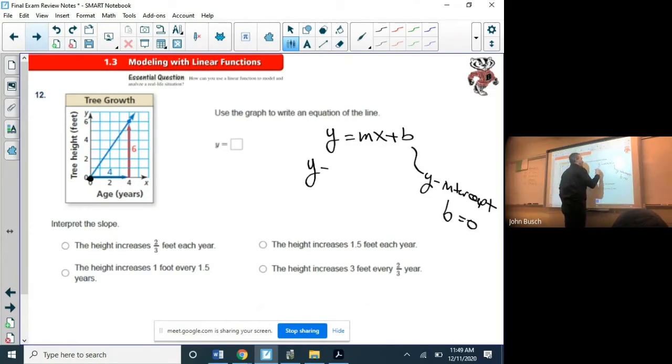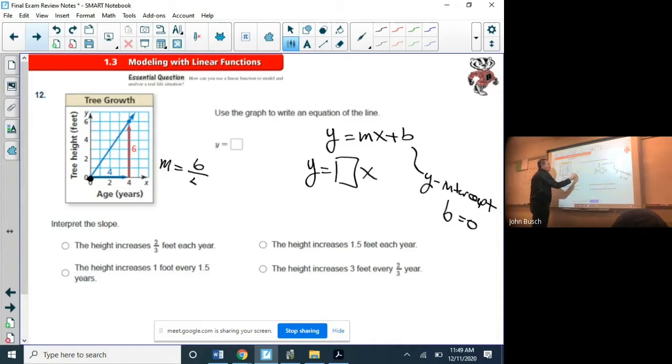So our equation is y equals mx, and m is the slope, rise over run. You can reduce that fraction to 3/2. And that's the equation of the line, y equals 3/2 x.